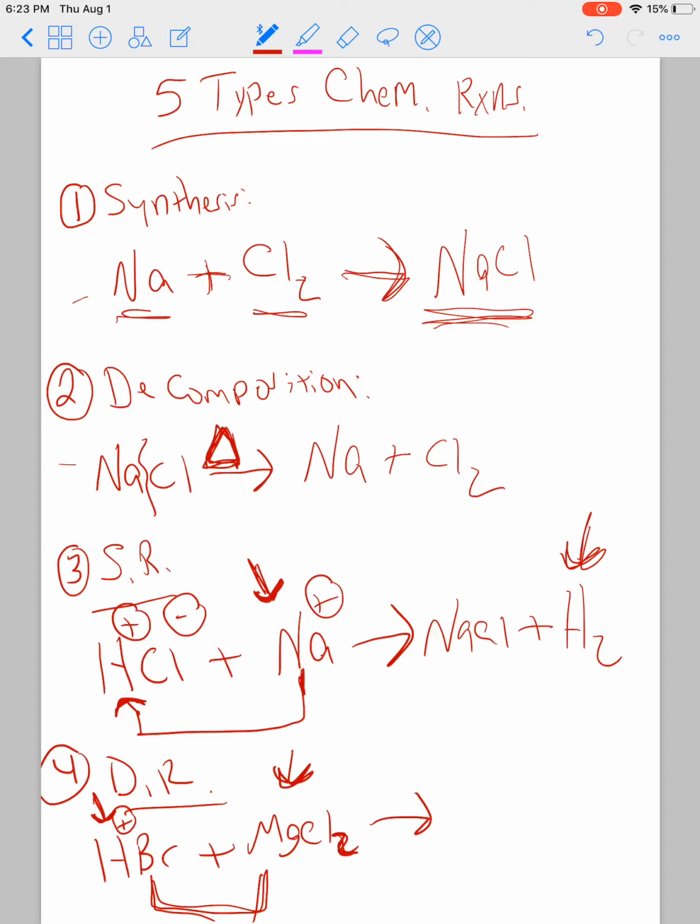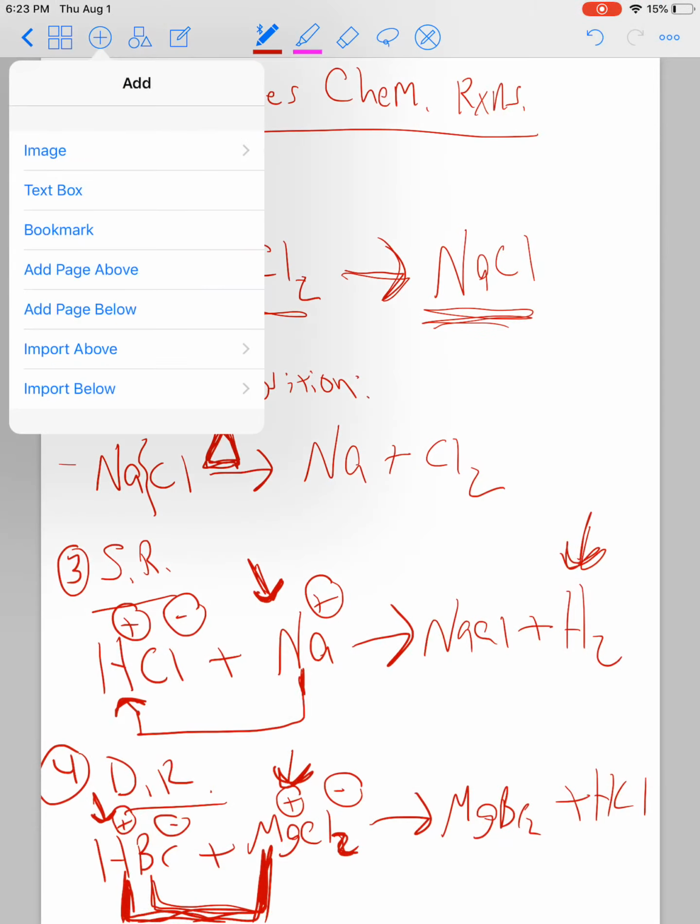So H is positive, Br is negative, Mg is positive, Cl is negative. So that means Mg is going to switch places with the H because they're both positive. You switch with like charges. When it does that, it's going to give you two new compounds. So your new compound now is MgBr2 plus HCl. So that is an example of a double replacement reaction.